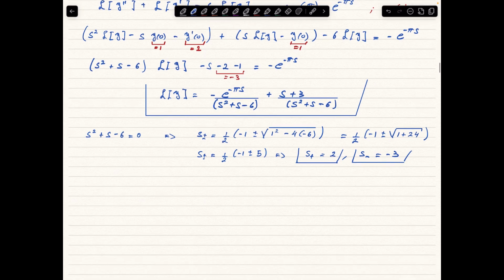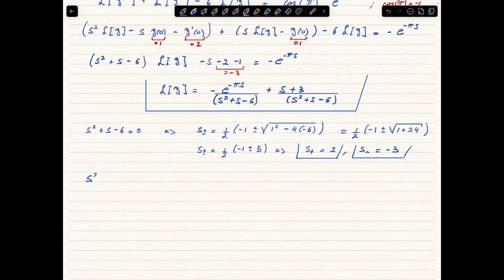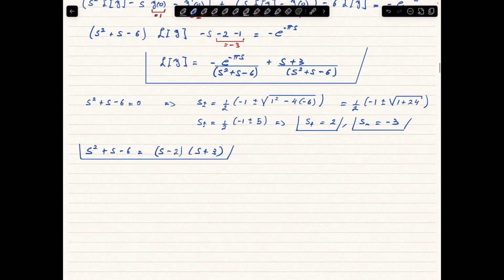Alright, so that means that s squared plus s minus 6 actually can be written as s minus 2 multiplied by s plus 3. And we can verify that this is the case because we have our s squared, then we have negative 2s plus 3s is plus s, and then the negative 6. Perfect. So it's always a good idea to double check what we do. And now that we know that, then the Laplace transform of y has a simpler expression.